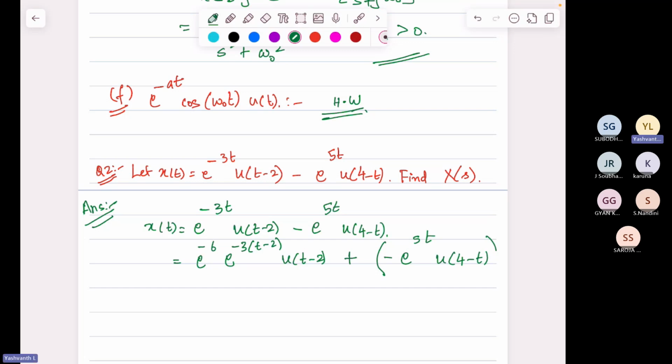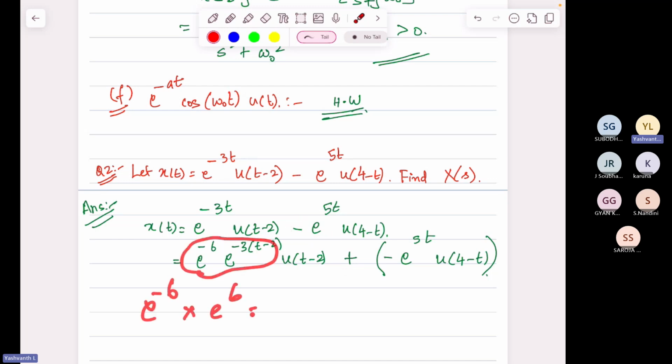See what I did essentially: this minus I took as plus of minus, and I multiplied and divided, I multiplied e power minus 6 and e power 6 so that this is equal to 1. And I took e power 6 as minus 3 of t minus 2. That's the only thing I did.